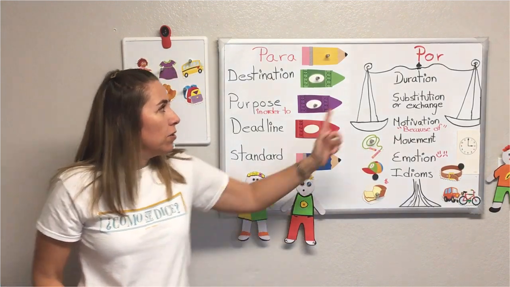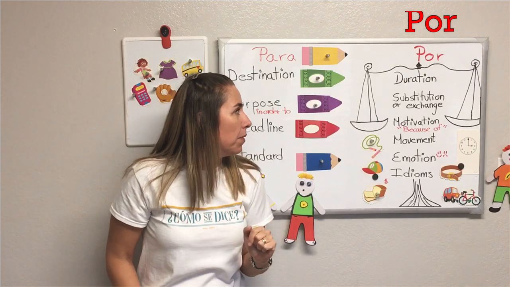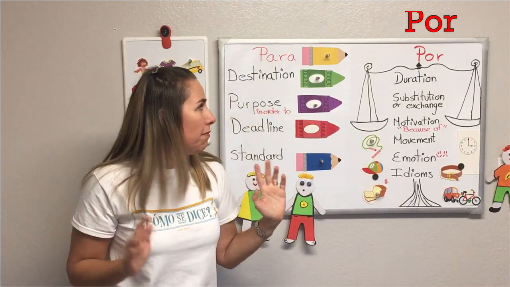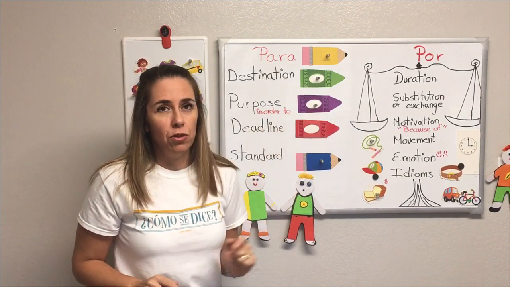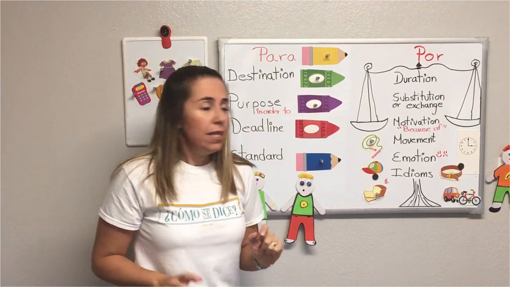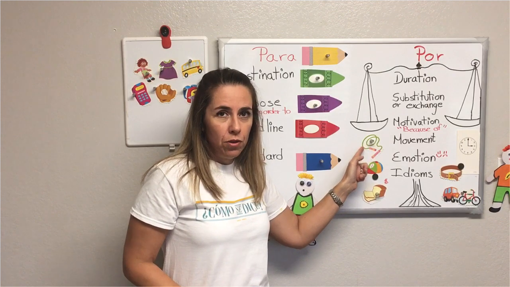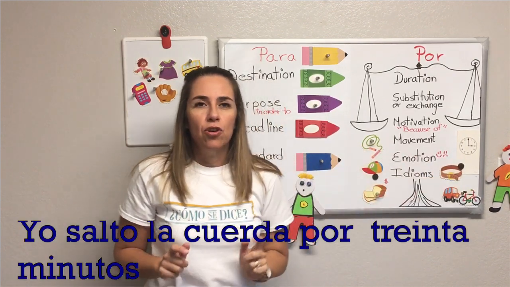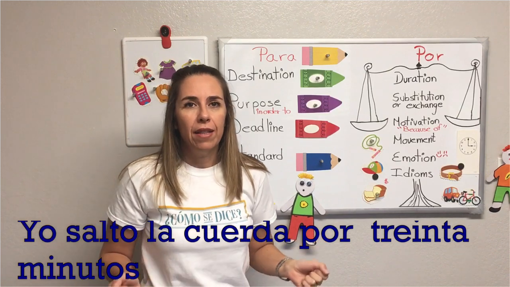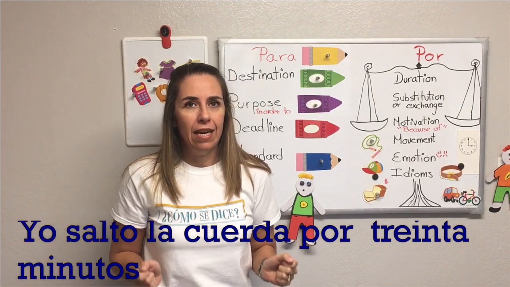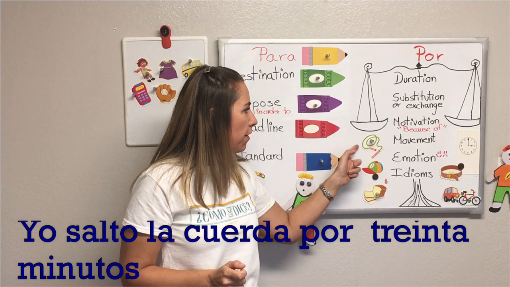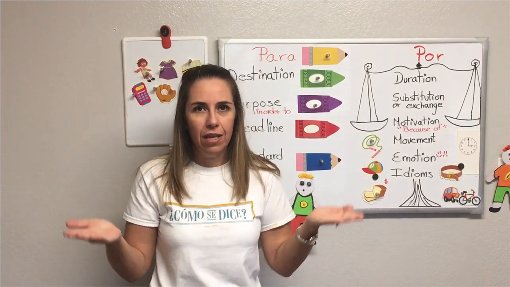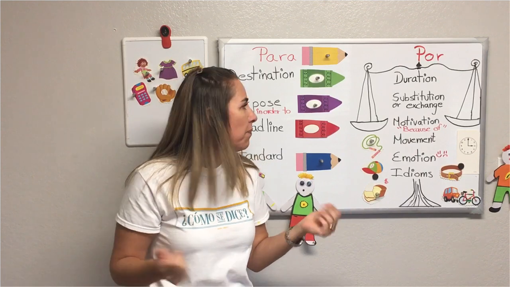Okay, now let's go to por. Now we have this balance scale, and the first category is duration. One example is this: I jump the rope for 30 minutes. Yo salto la cuerda por 30 minutos. I'm doing something during that time, so it's equalizing both things.